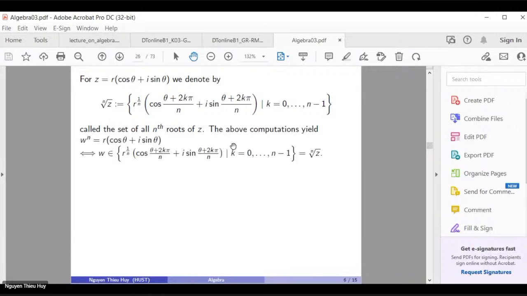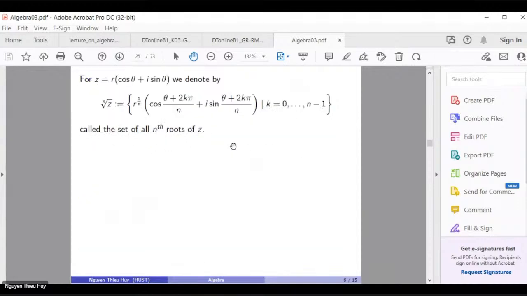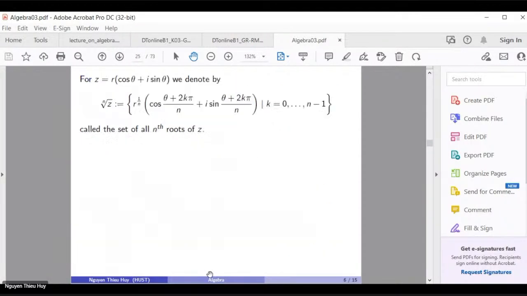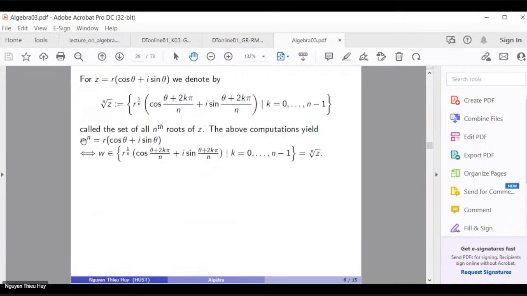And therefore, after reviewing the computation, we see that w to the n equals z if and only if w belongs to this set. I rewrite it here: w to the n equals r cos theta plus i sine theta if and only if w is one of these values. This means w belongs to this set. You cannot write equal here, because on one hand side you have a set, and on the other hand side you have a value.